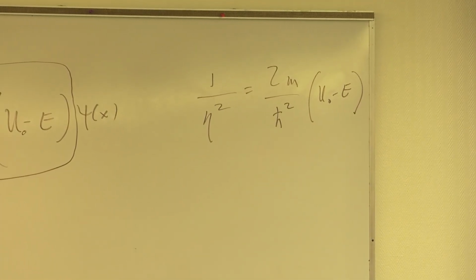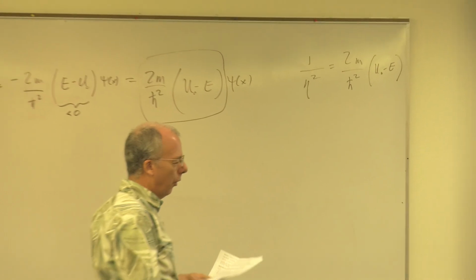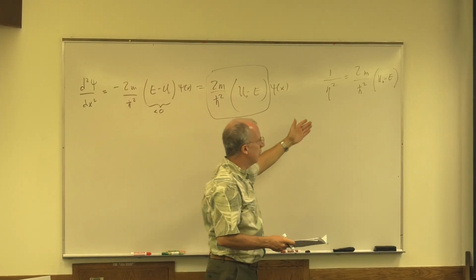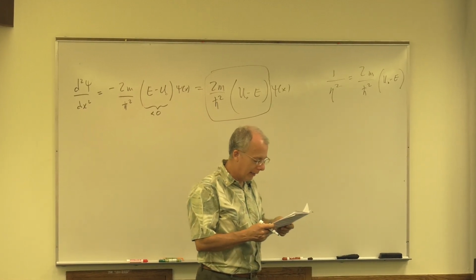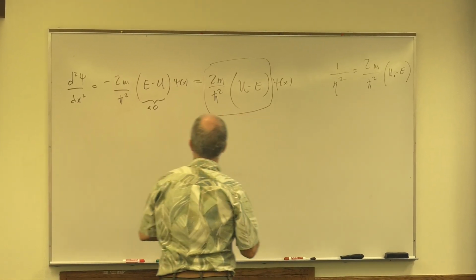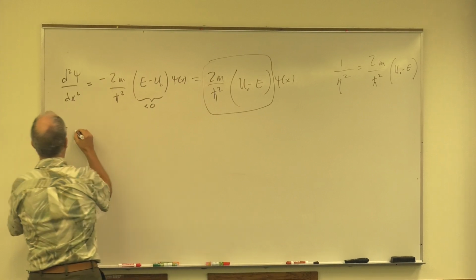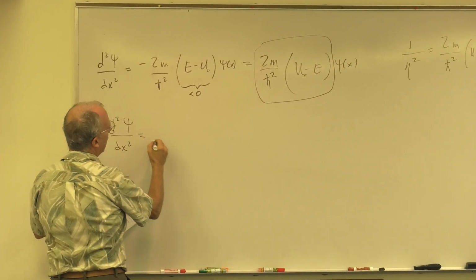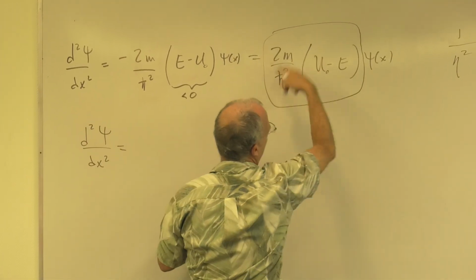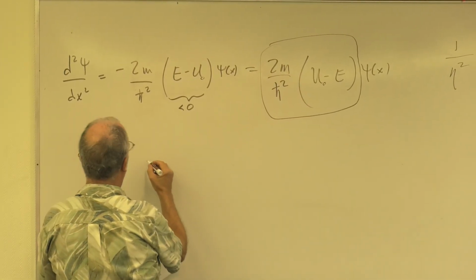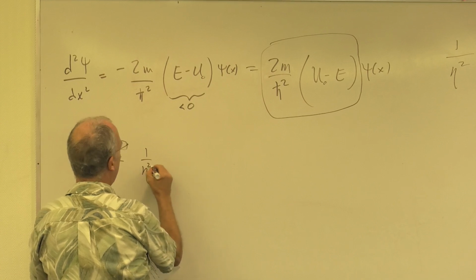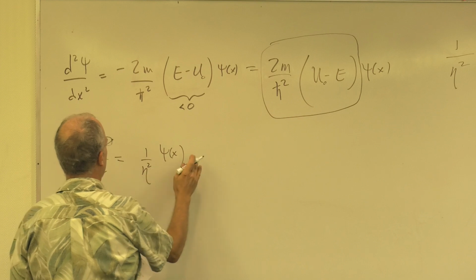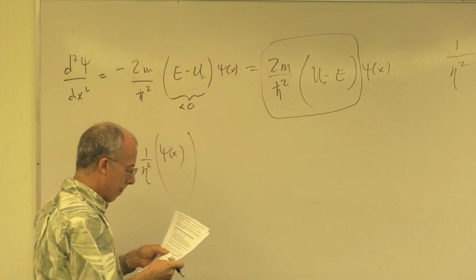We're not just doing it because we're lazy, although that's not a bad idea. It's going to make it look nicer, but there's a reason for it, and you'll see why later. So now what we have is just d squared psi dx squared equals 1 over eta squared psi.